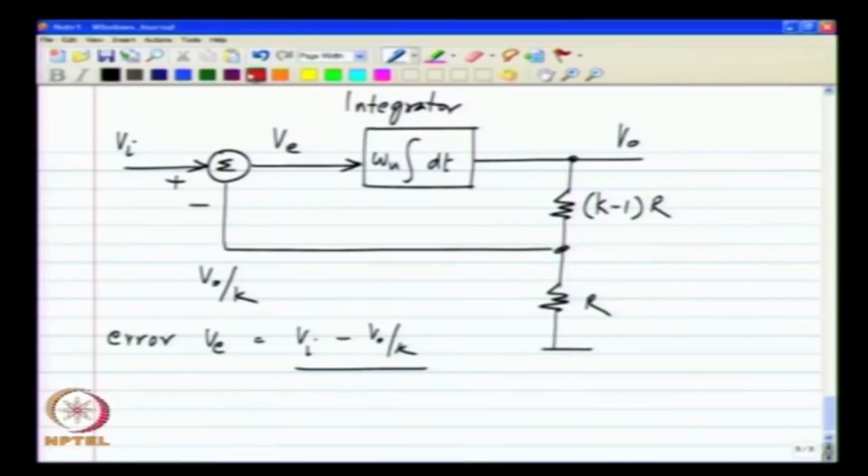We also need to know what happens before reaching steady state, that is, let us say the output is supposed to be 5 volts, but it is at 4 volts. So, how does it get to 5 volts? All that analysis we will do, but before we go there we will analyze the crucial part, that is the integrator. We will see how that behaves.